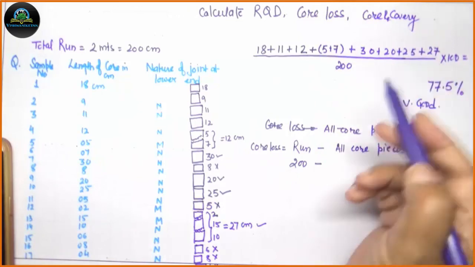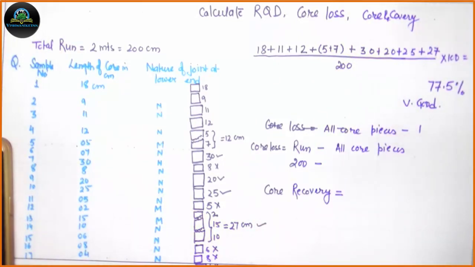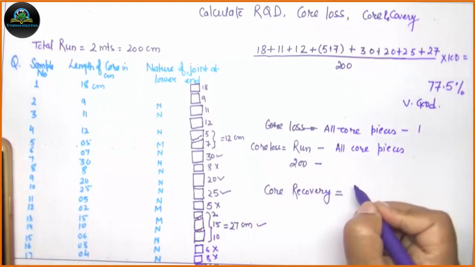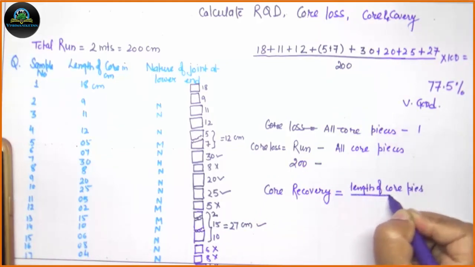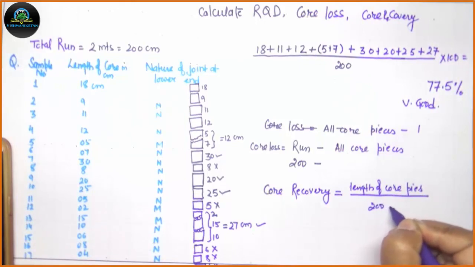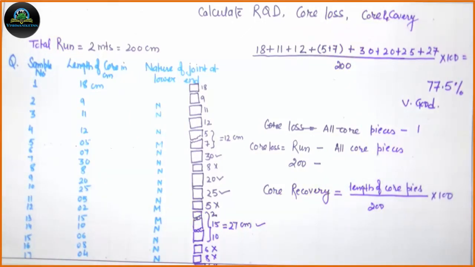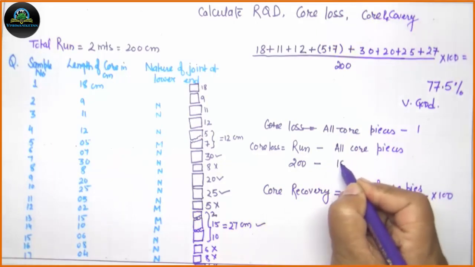Now I have to calculate core recovery. Core recovery is the total length of core pieces irrespective of their size divided by the run of 200 centimeter multiplied by 100. We'll try to get this value, that is 195.